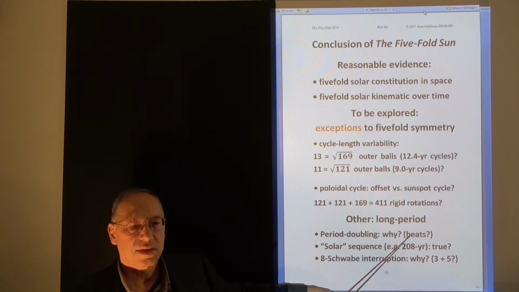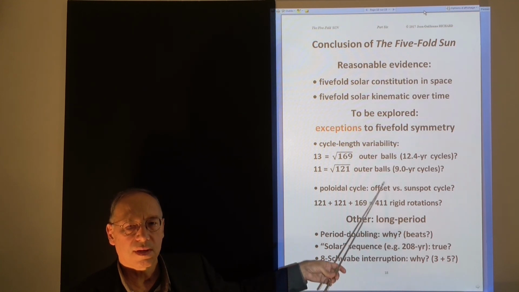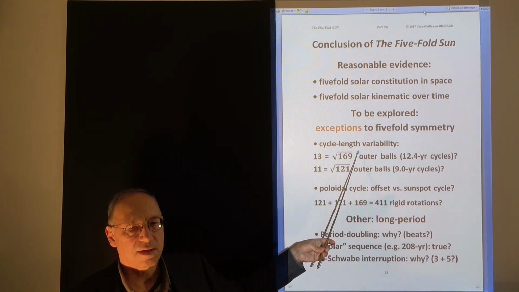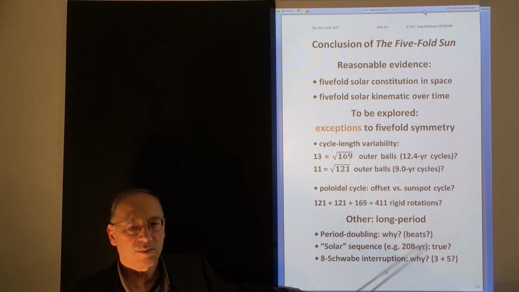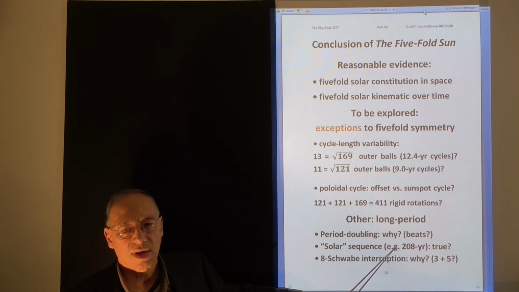Are the beats between varying quasi-decadal cycle lengths perhaps the key to this phenomenon? Is there a solar sequence, a set of long-term oscillations, of which it is suggested here that the 208-year Suess-de Vries cycle is a manifestation?